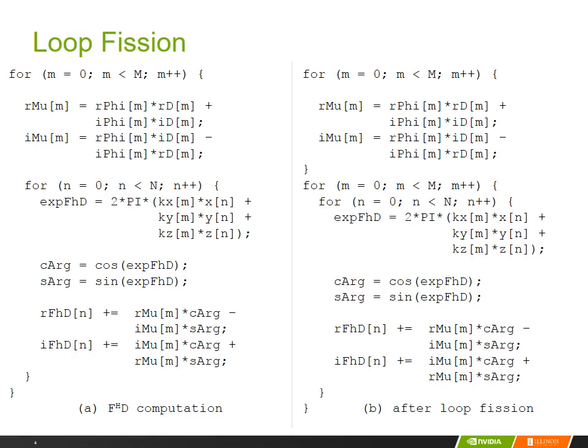So we are changing the execution order, but because the RMU and IMU assignments do not depend on any of the previous outer loop iterations, we are not violating any constraint when we change the execution order of the RMU and IMU assignments versus the inner loop from the previous iteration of the outer loop in the original code.